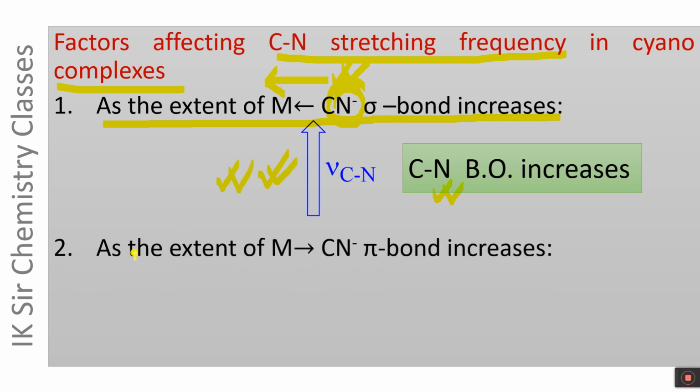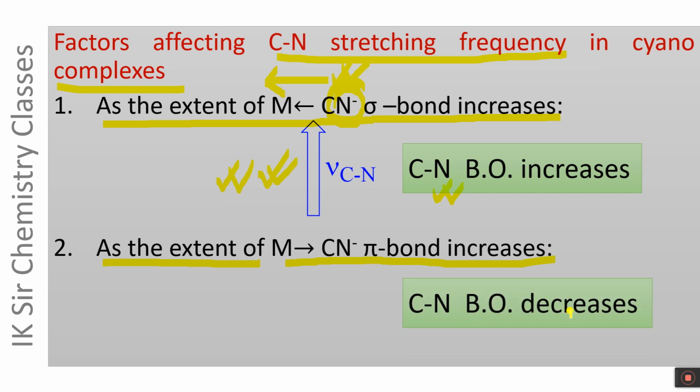On the other hand, as the extent of metal to CN⁻ ion pi bonding increases, the CN bond order decreases because electron density is transferred from the metal atom to the vacant pi star MO of the CN⁻ ion. This results in a decrease in CN bond order, and accordingly the CN stretching frequency decreases.